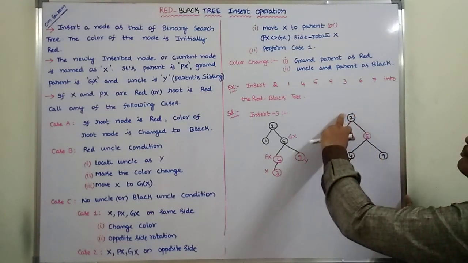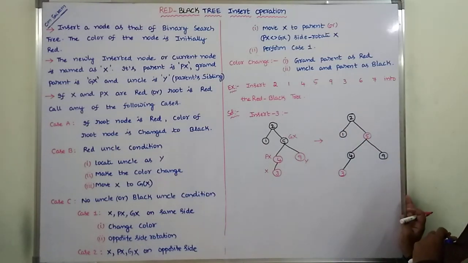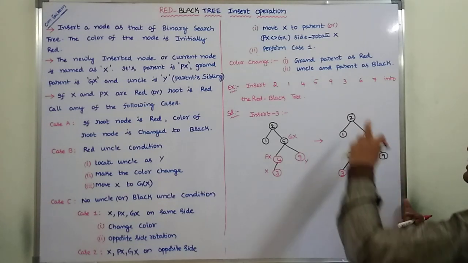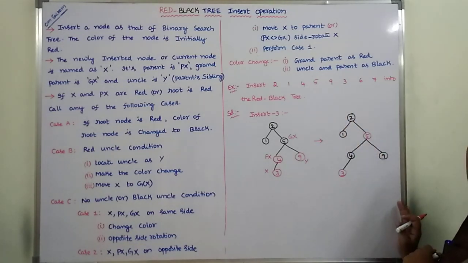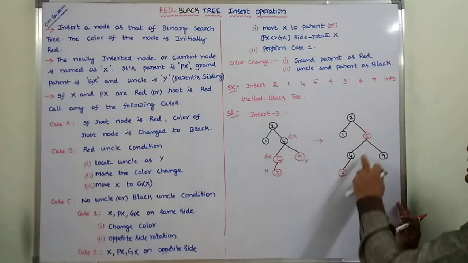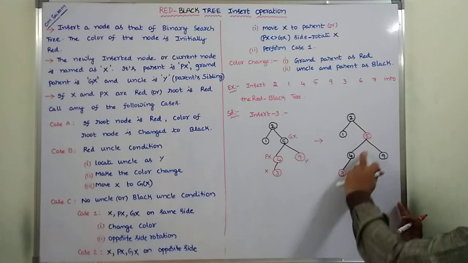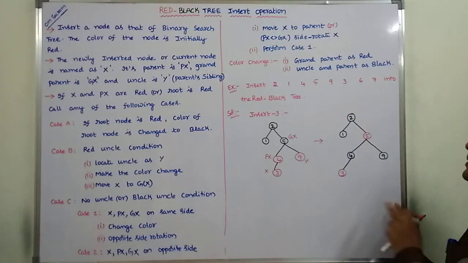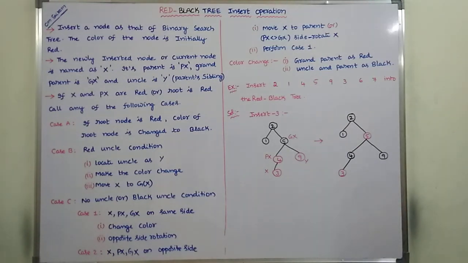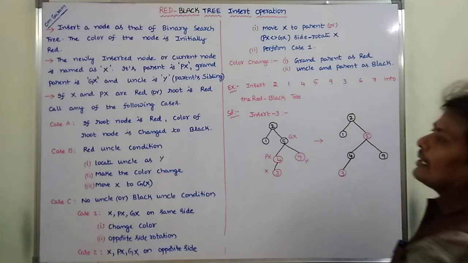Any path from root node to leaf node does not contain any 2 consecutive red nodes. This path does not contain any 2 consecutive red nodes. This path does not contain any two consecutive red nodes. Okay, check, this is failed.